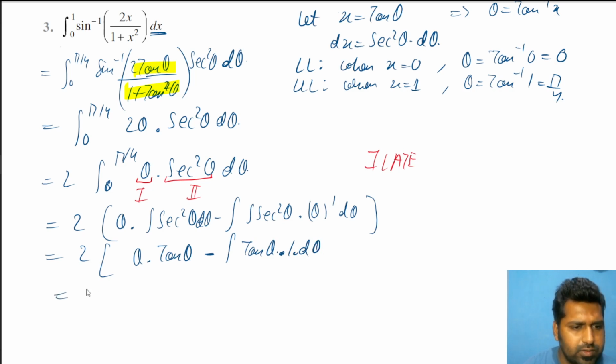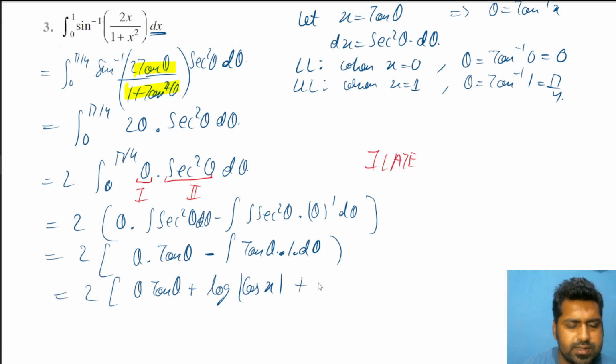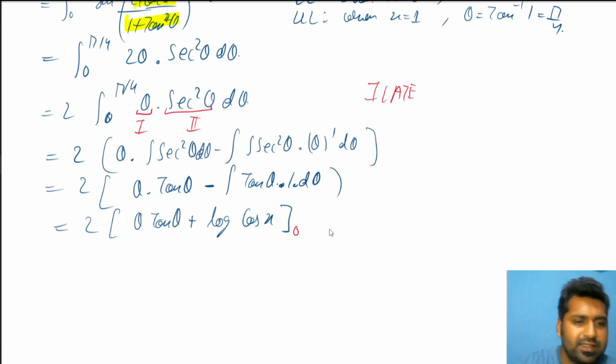So 2 times theta tan theta minus, what is the integration of tan? Minus log cos mod x plus c. As such, we are dealing in the first quadrant, 0 to pi by 4, so we don't have to put mod, we can write only cos x plus c. Not even c now, we are solving. Bad habit of writing c.